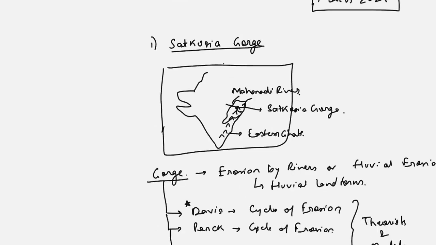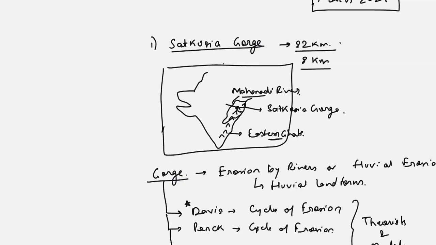It is present in the Eastern Ghats, and it is in the news because this gorge has almost extended to 22 kilometers, with a width at certain areas of around 8 kilometers. So this is quite a large gorge which is formed here.